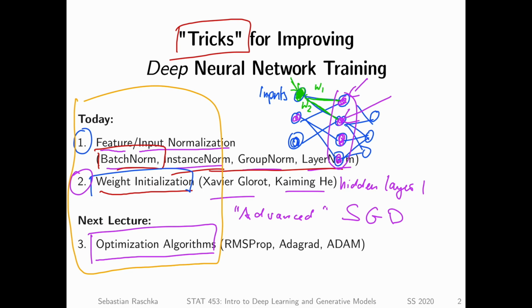Something like batch norm is something you always have to explicitly add, but for the weight initialization schemes, one of them is usually chosen for you by default by the deep learning framework, whether you use TensorFlow or PyTorch. Which one, it depends also on the version and what kinds of layers you use. We will talk more about this later.